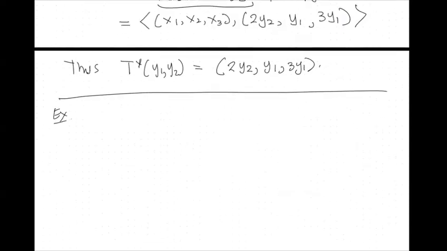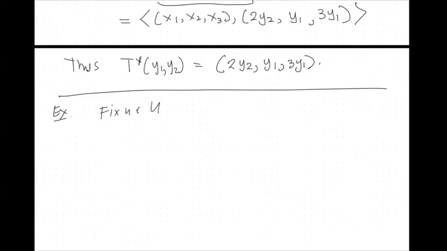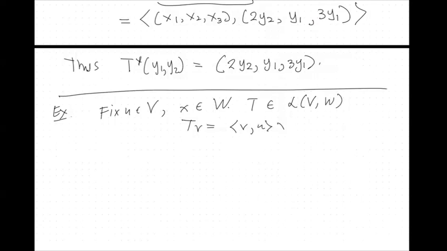For the second example, fix u in the vector space V, and fix x an arbitrary element of W. Let T be a linear map from V to W, defined by T of v equal to the inner product of v and u, multiplied by x, for every v in V. So find a formula for T star.